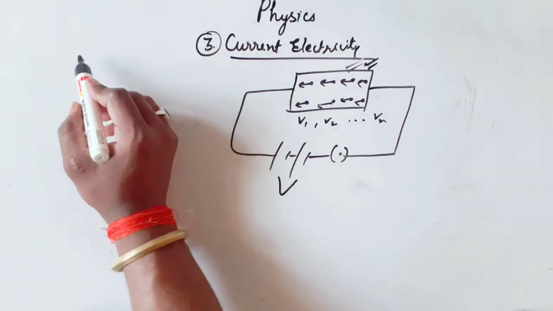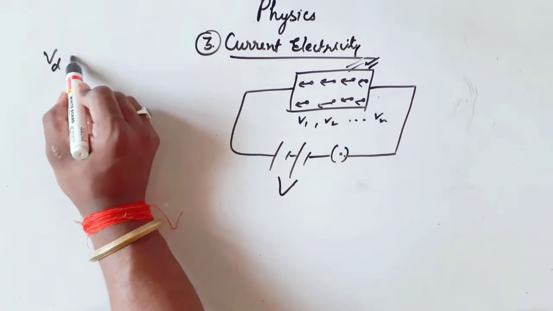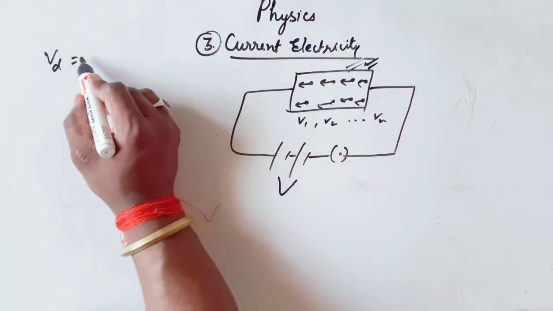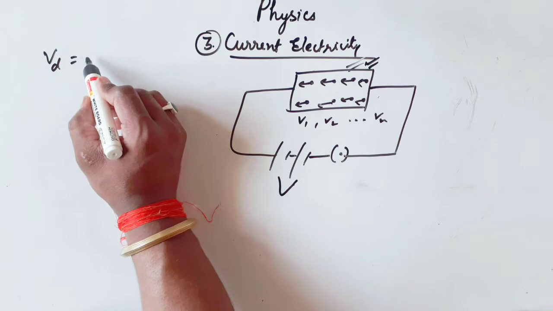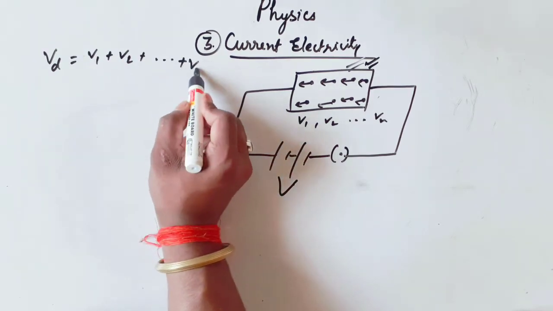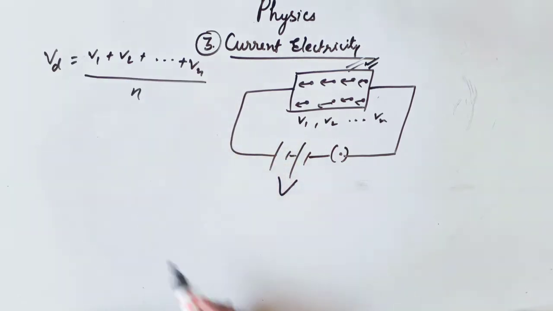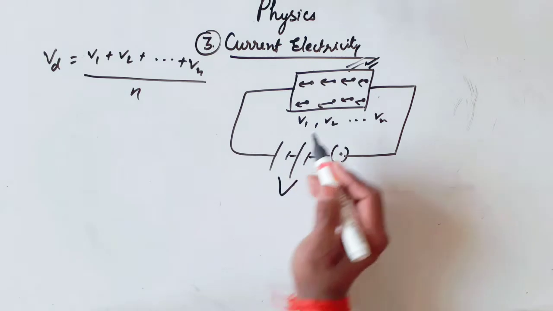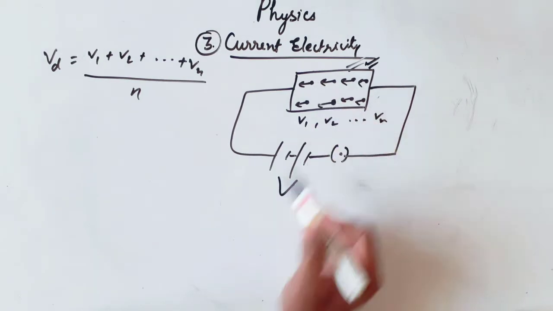As we know, the drift velocity is the average value of velocity of each electron. So drift velocity can be written as v1 plus v2 plus dot dot dot plus vn divided by n. This is the average value of every velocity of these electrons.